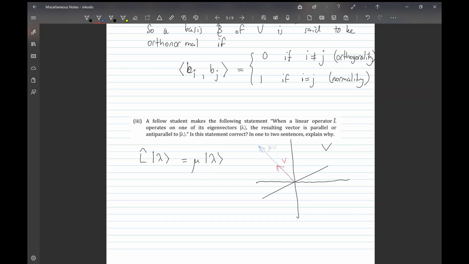So one particular case is that it scales outward like that, or it may even scale in the opposite direction. These are the parallel and anti-parallel conditions to the original vector. So one might like to draw a diagram and write a few sentences explaining the diagram the way I've spoken it, and that would be sufficient for this question.